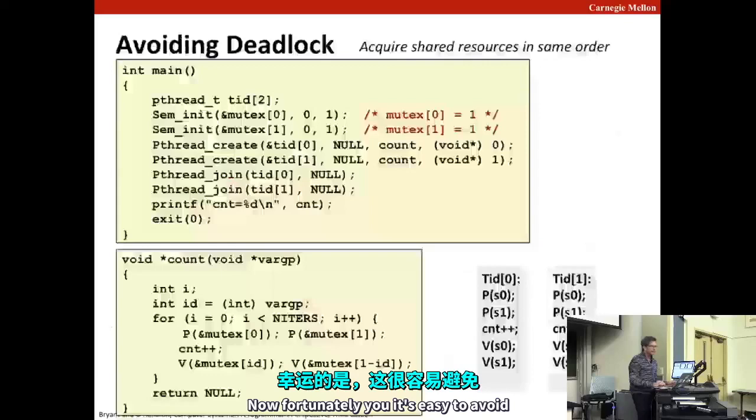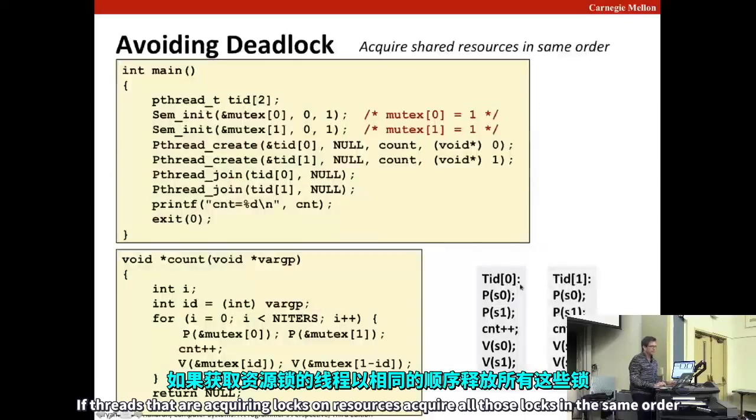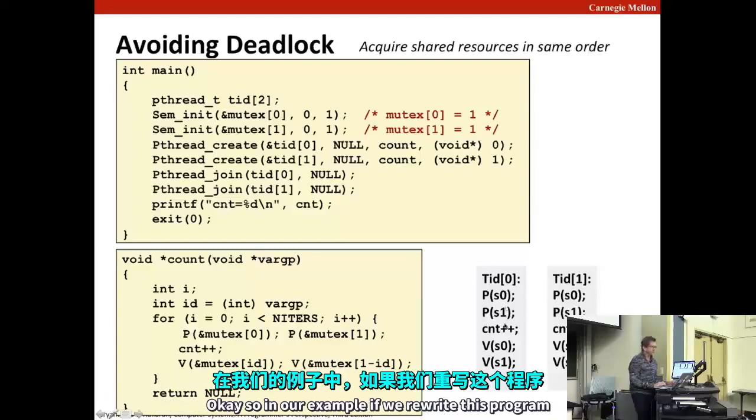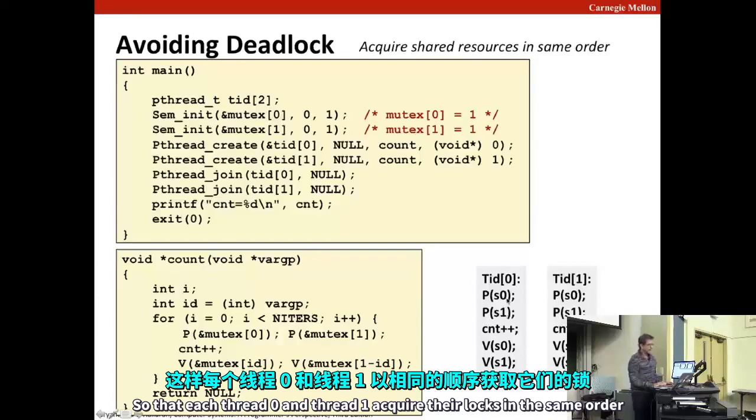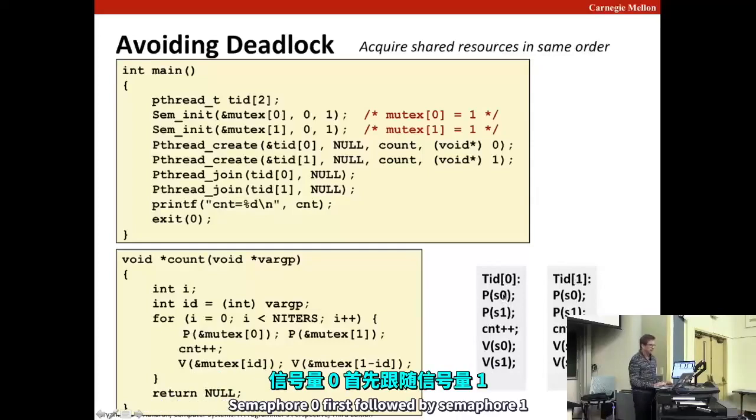Now, fortunately, it's easy to avoid if threads that are acquiring locks on resources acquire all those locks in the same order. So in our example, if we rewrite this program so that thread 0 and thread 1 acquire their locks in the same order, semaphore 0 first, followed by semaphore 1.